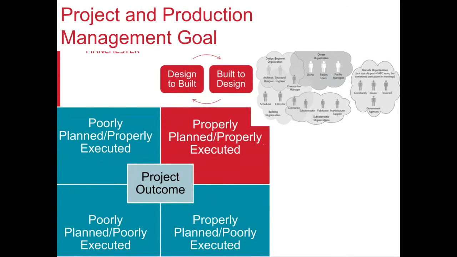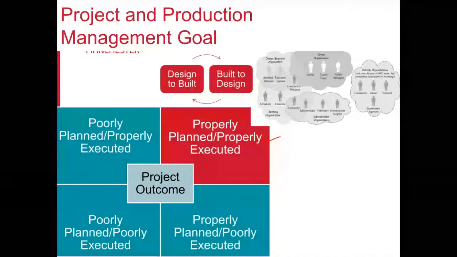So in the first session, we reviewed that our ultimate goal, from both a design and production perspective, is to get to the top right quadrant, which is to have projects that are properly planned and properly executed. Having said that, a vast majority of projects fail to achieve these targets because it's easier said than done.